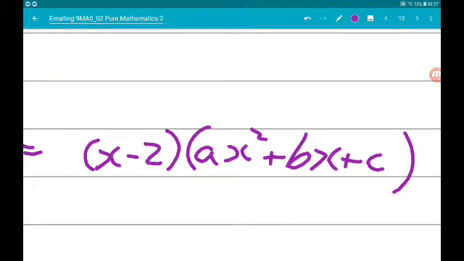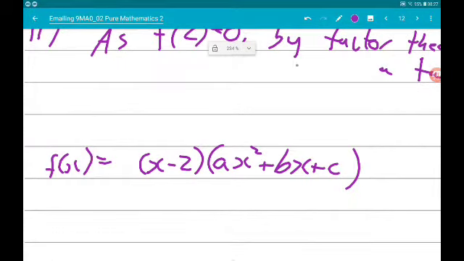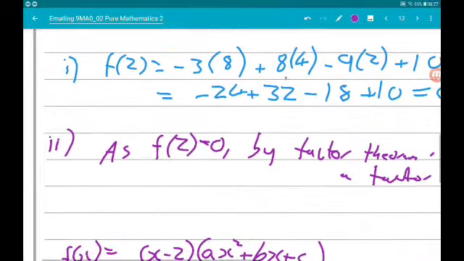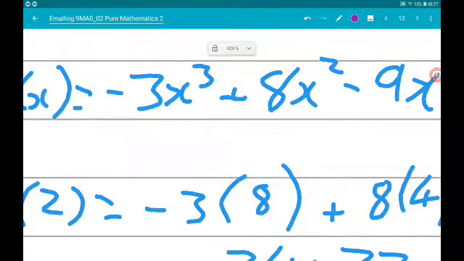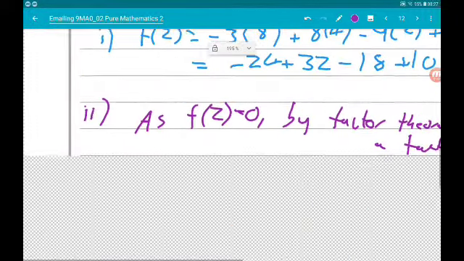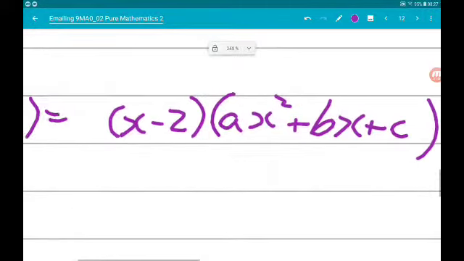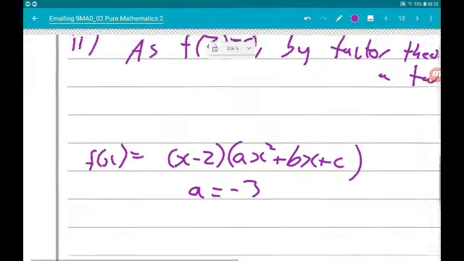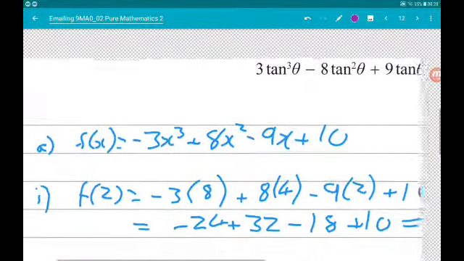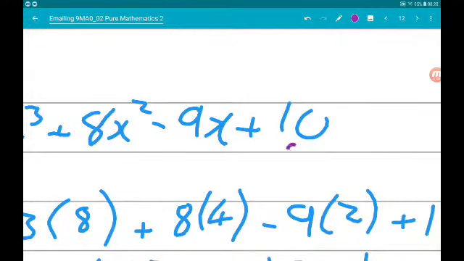Okay, now we need to find the values of a, b and c. So, we know that there's a minus 3x cubed. So, that means that a has to be minus 3. Now we also know the constant term at the end is 10.